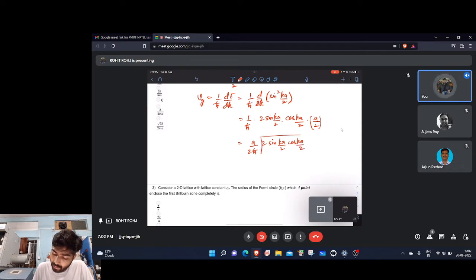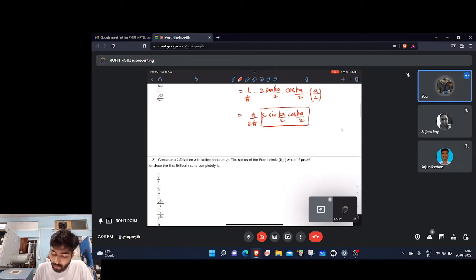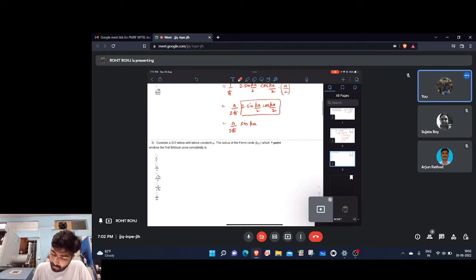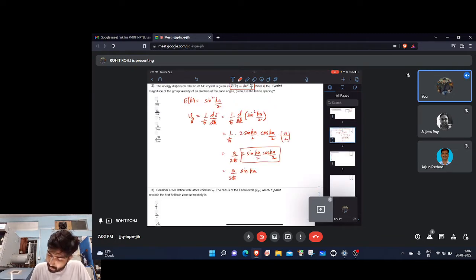Now 2 sine theta cos theta is nothing but sine 2 theta, so this is a by 2h cross sine ka. Let me add a page at this point.